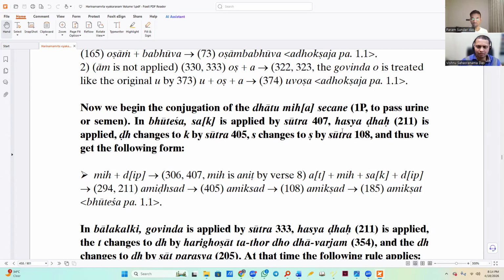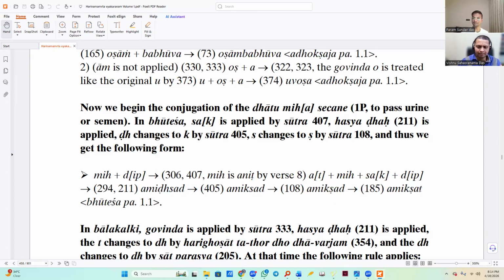So then we apply Hasya Dhaha Naho Dhaha Dadestu Dhaturgaha Druha Muha Nasha Snuha Sniha Vishnu Vedante Vaishnave Cha. So Vaishnava is following, so Ha becomes Dha. Hasya Dha. And then Shadho Kase.